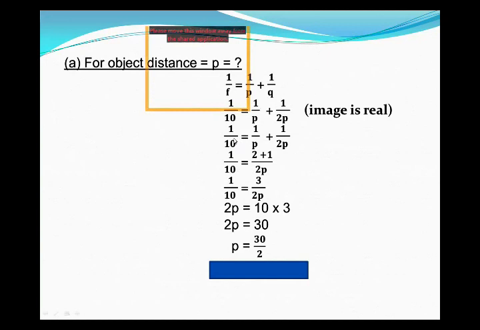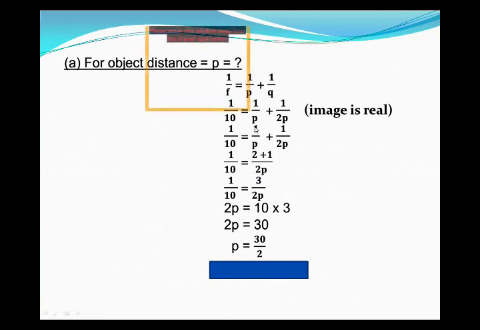After that, we will take the LCM of the denominators. Here is p and here is 2p. The LCM of p and 2p is 2p. Then we will compare the LCM with the denominator of each fraction. If it is not equal, we will equalize it.